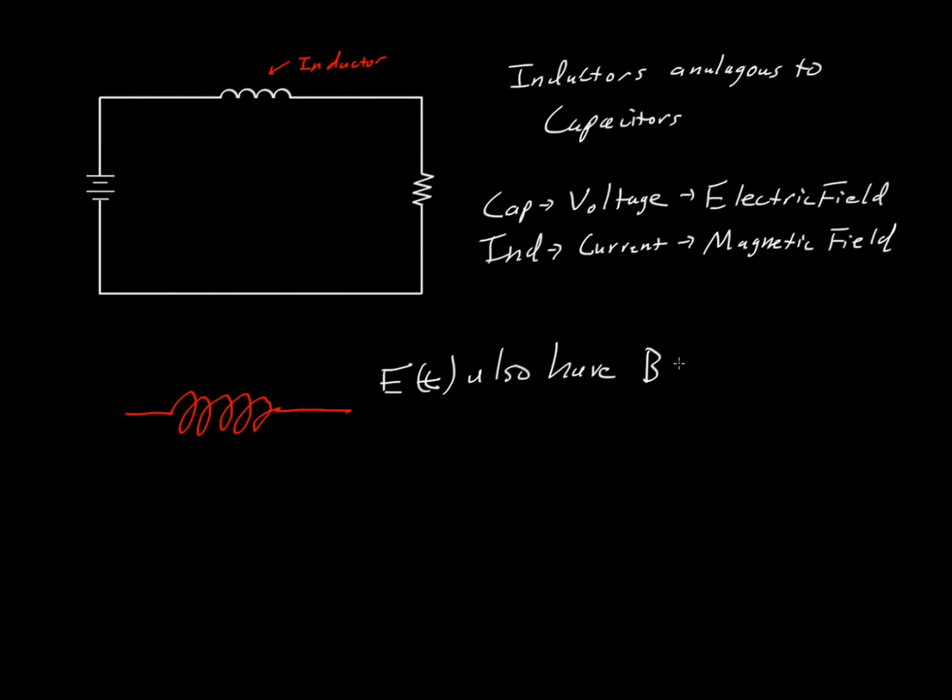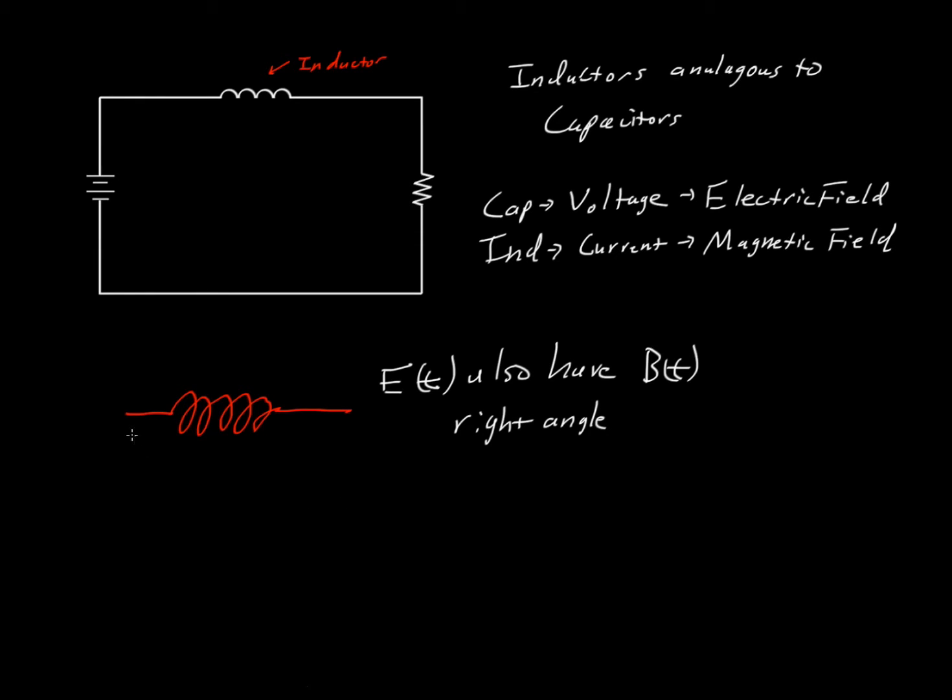The magnetic field is B. It'll produce a time-varying magnetic field anytime you have a time-varying electric field. And those two are going to be at right angles to one another.